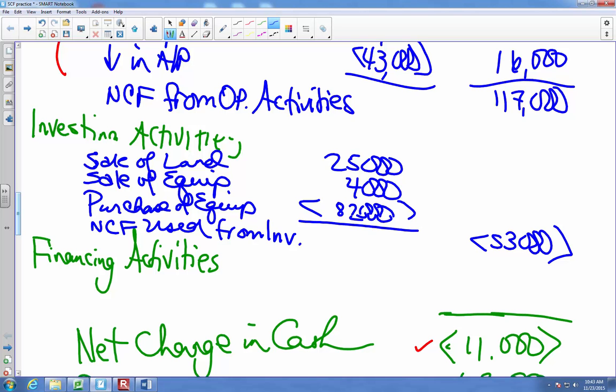So let's see, Joe, why don't you take the first one? It looks like our bonds payable went from 290 down to 245. It will, and it tells us in the other information what happened.